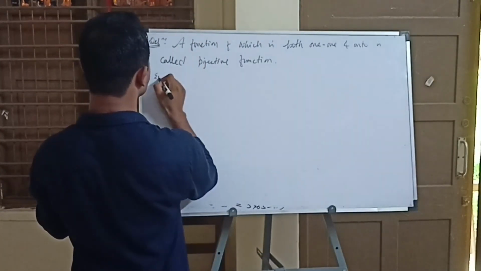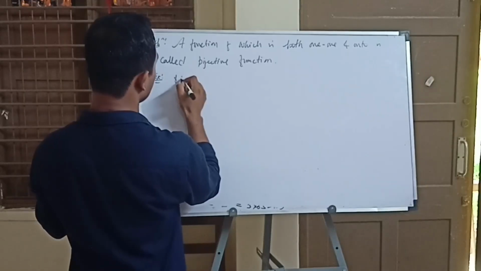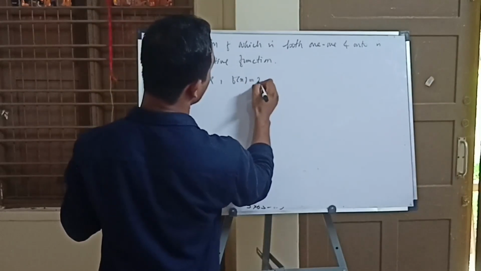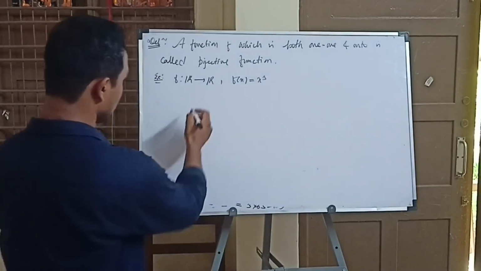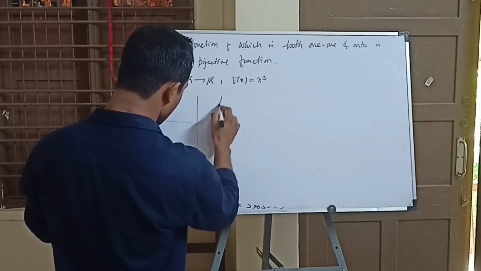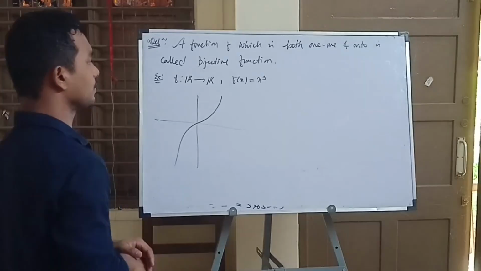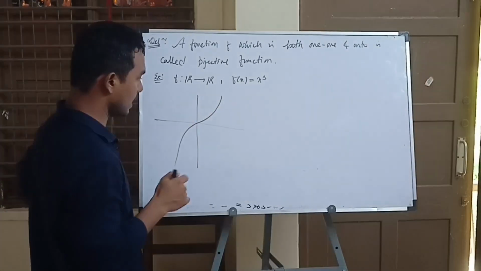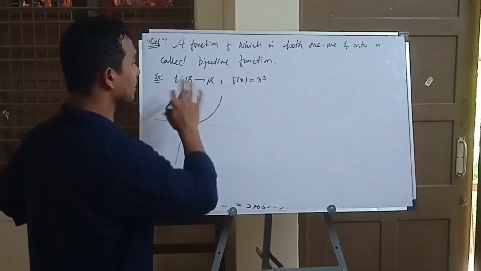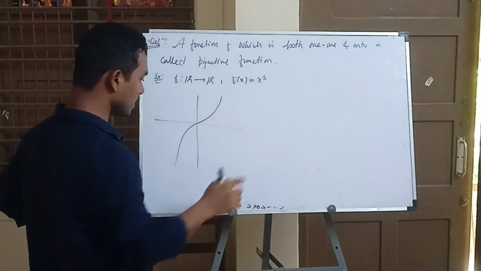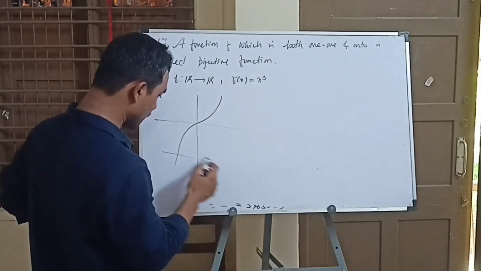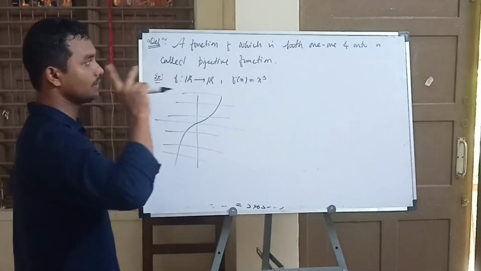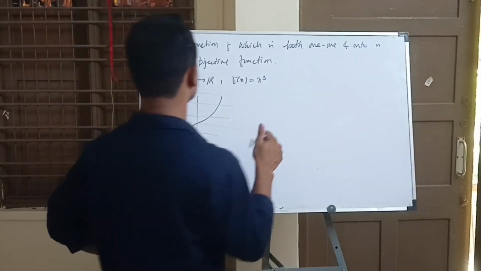For example, suppose f is a function from R to R, f of x equal to x cube. Correct? This is a bijective function because the graph of this function looks like this, and the range set is the real numbers itself, and any line parallel to the x-axis cuts the graph at most at 1 point. So this is a bijective function.